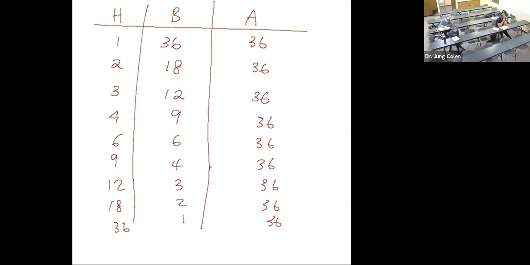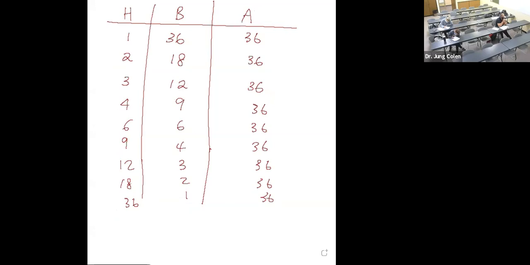What do you notice from here? Tell me anything you notice. As the height goes up, the base goes down. Oh, when height goes up, you see that? Height goes up, then the base goes down. Oh, so it's not direct variation, but they are inverse, right? They are inverse variation.